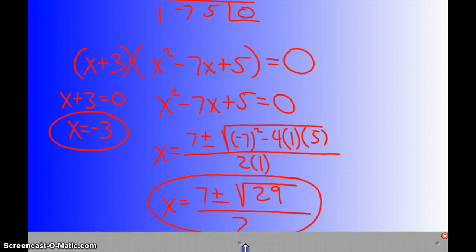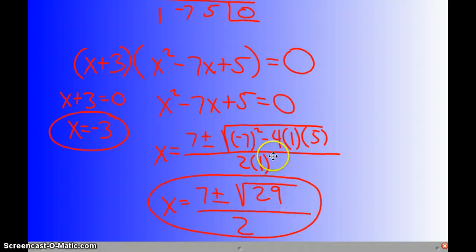The inside of my radical works out to 29, which cannot be simplified. So therefore, my second pair of solutions is x equals 7 plus radical 29 over 2 and 7 minus radical 29 over 2. So we're just using synthetic division and factoring in order to solve a cubic function.